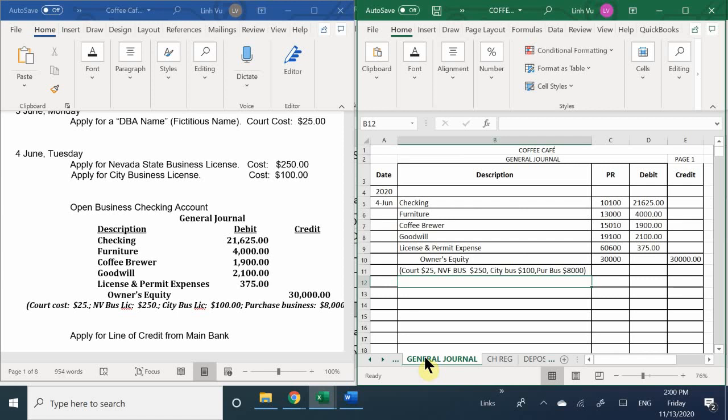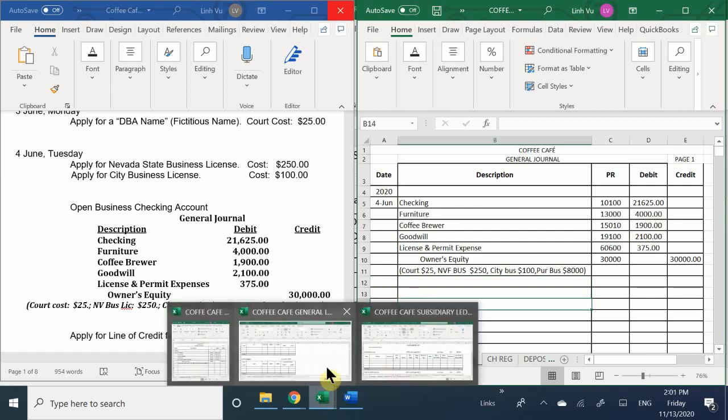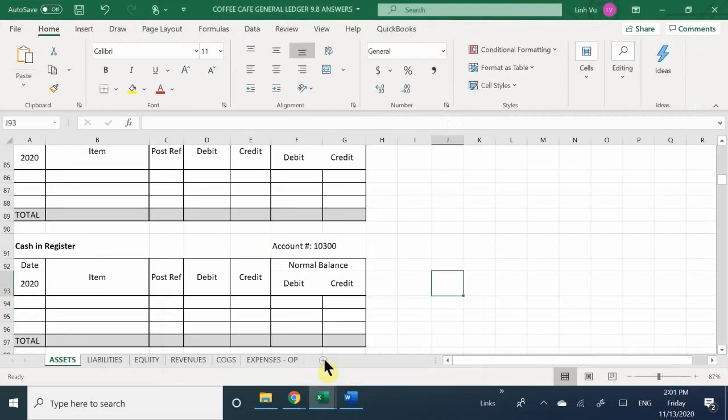Because instead of waiting till the very end of the week to do it, you'll find your discrepancy a lot quicker, and then you'll also be able to find it by looking at the transaction. So in this case, here I am on my general journal, and now I'm going to place all of my information directly into my ledger using my journal.